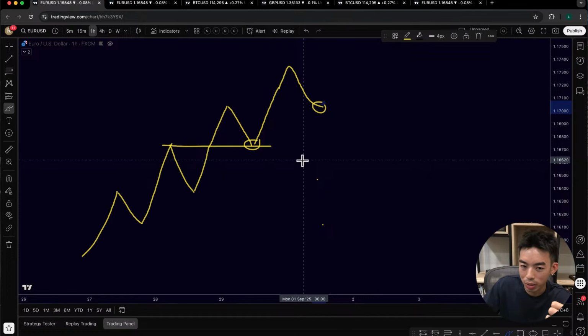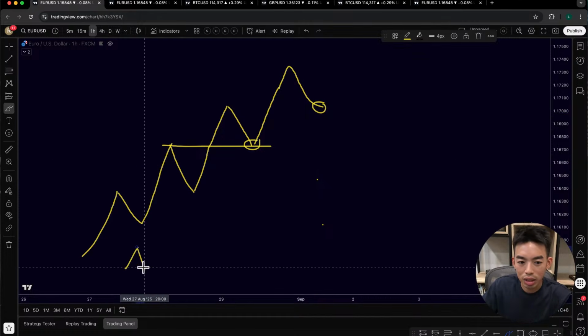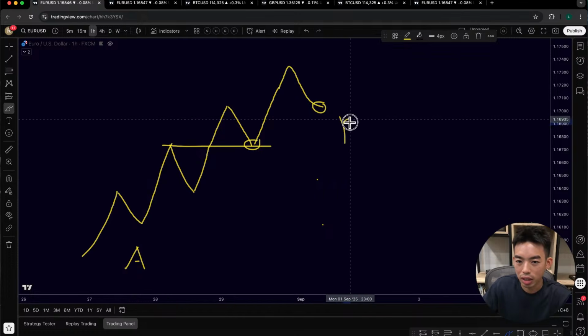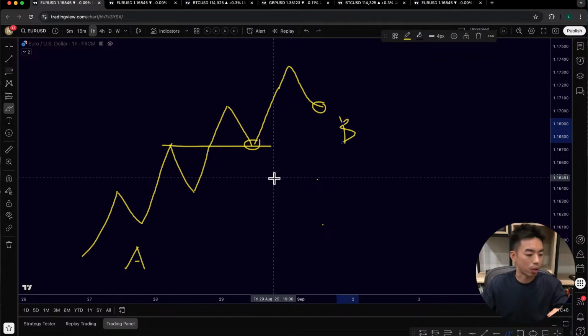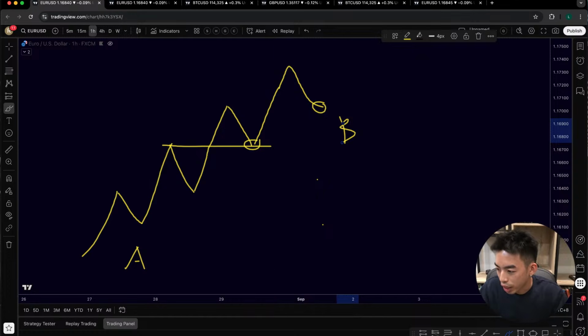That's question number 1. Where do you think more uptrend positions are going into the market? Is it here or is it here? A or B? Let me know which location most buyers are getting in at.